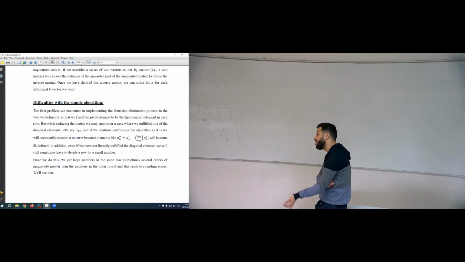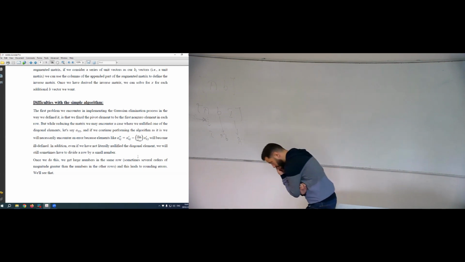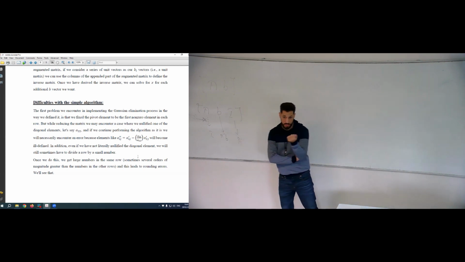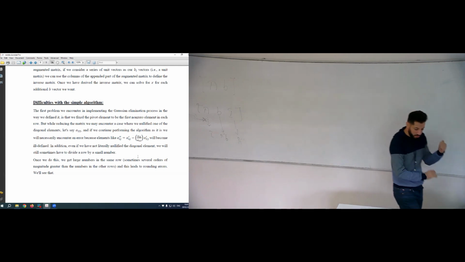Right? And if we subtract from it also a big number, somehow close to it, we will also lose digits of significance. Yes, that's the catastrophic cancellation as we saw before.